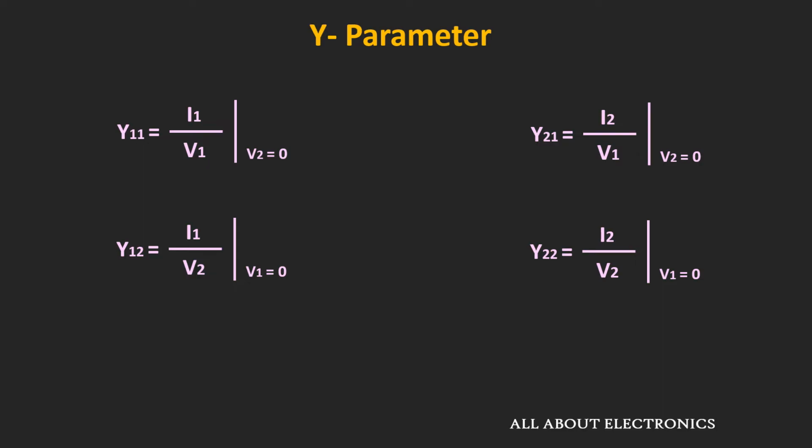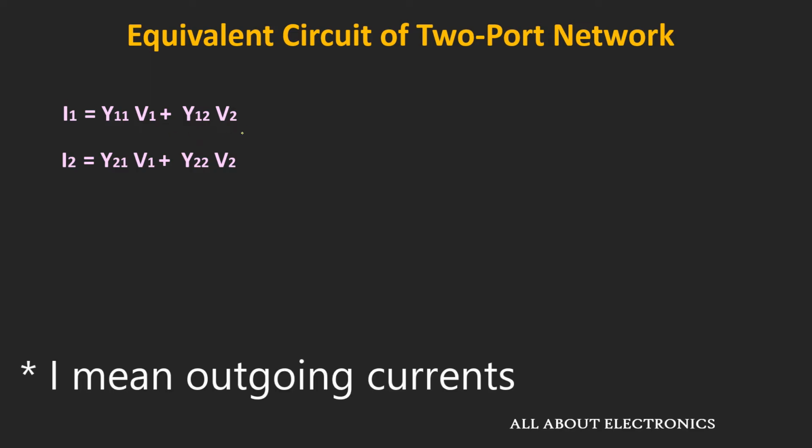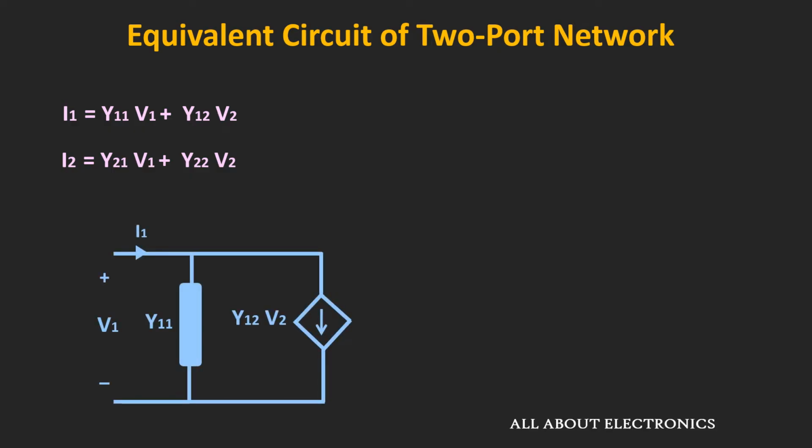Now let us see the equivalent circuit of the two-port network in terms of the Y parameters. In the first expression, this current I1 is the incoming current to the port 1, while this Y11 V1 and the Y12 V2 represent the output currents. If we represent this equation as an equivalent circuit, it will look like this.